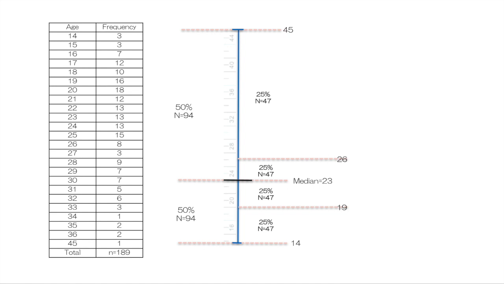We can find the 25th and 75th centiles, which are also known as quartiles. The numerical difference between the 25th and 75th centiles is known as the interquartile range, which covers 50% of the total population, 25% and 25% to each side of the median.